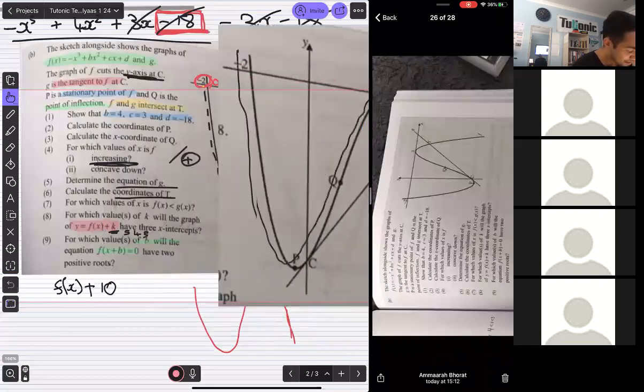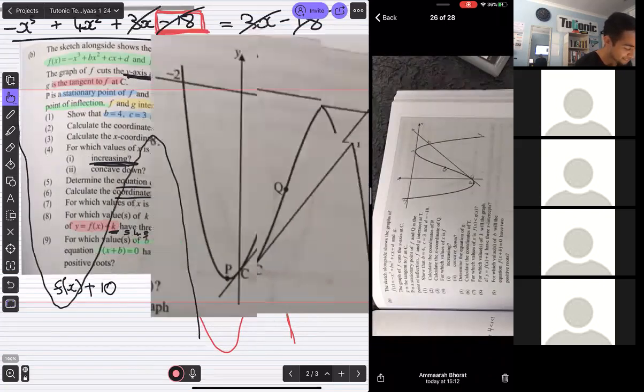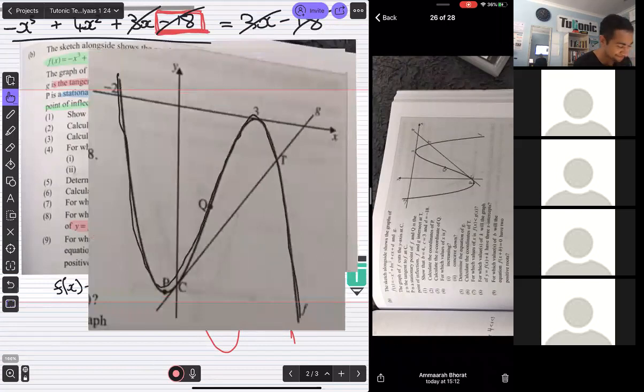Is my answer going to be x must be greater than 2? Negative 2? More than 0? B is more than 2? No. B must be less than negative 2.